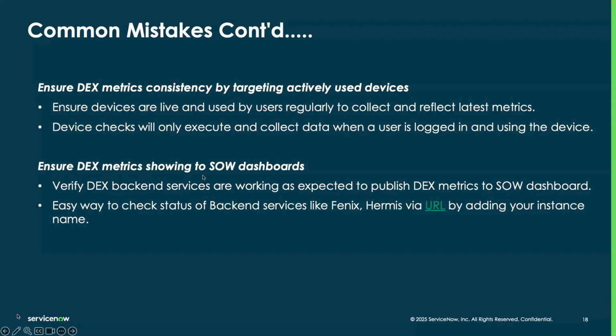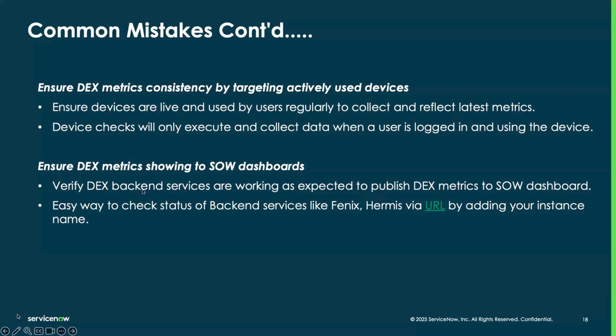To ensure DEX metrics show on the Service Operations Workspace dashboard, verify that the DEX backend services are working as expected. Once you install the DEX plugins, background services stand up, and these are responsible for running the DEX communication and making sure metrics are properly available on the SOW page.